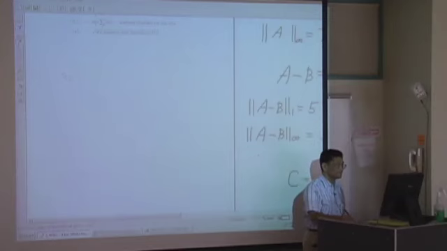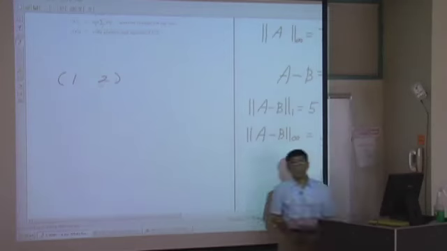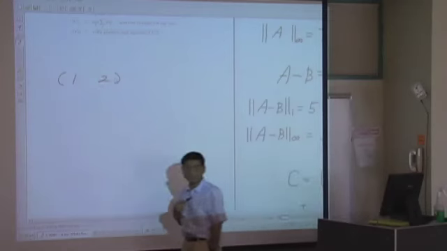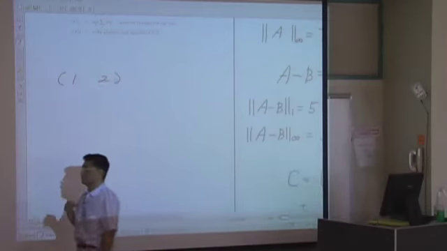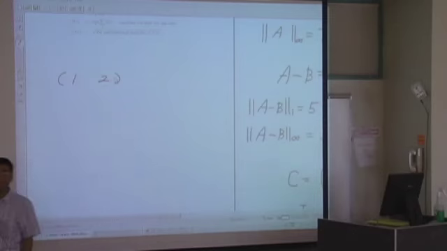Assume that you have a matrix like this. What is the size of this matrix? It is a 1 by 2 matrix, 1 row by 2 columns.